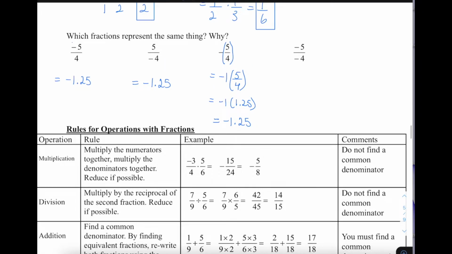What some guys do by accident is they think that this negative gets distributed to the numerator and the denominator, and that is not true, okay? Because if that were the case, it would look like this question, which is different, because if I have a negative number divided by another negative number, well, that is overall a positive number. Okay, so you have to really beware of this one where the negative is out in the front, okay?